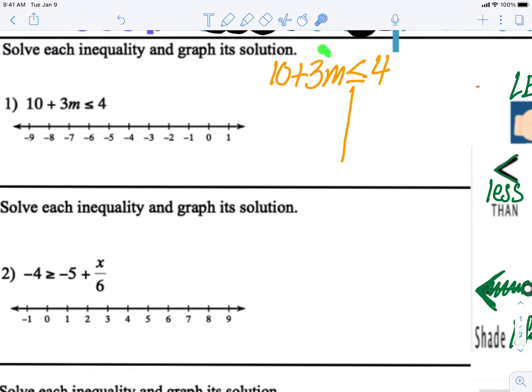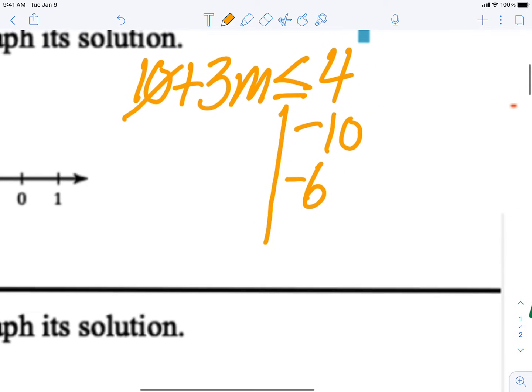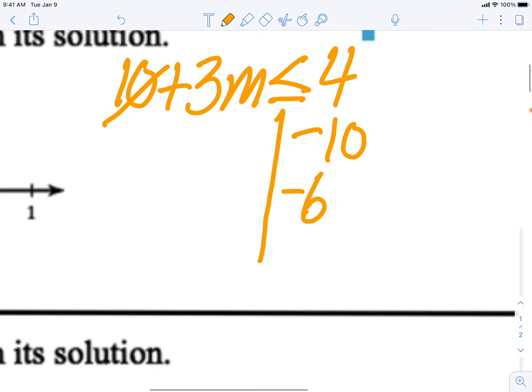So remember that I do whatever step is with my letter, with my variable, last. So that means I got to move this 10 over and make it a negative 10. So a 4 and a negative 10 are not the same sign, so I have to subtract. So 10 minus 4 is 6. And it's a negative 6 because 10 is bigger.